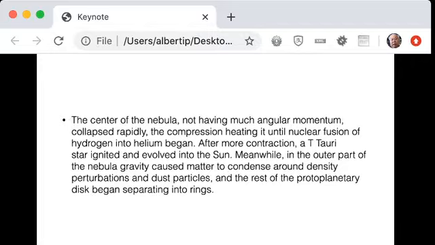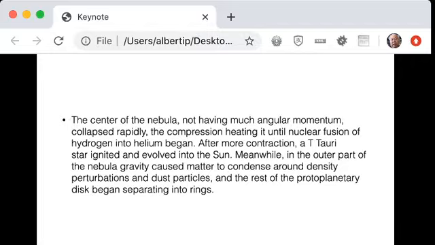As it is a compression, its temperature increases until the nuclear fusion of hydrogen into helium began. When that began, suddenly it has radiation energy radiating out of it, and at that time it becomes a T Tauri star, and then eventually the star evolves into the sun, entering its main sequence.